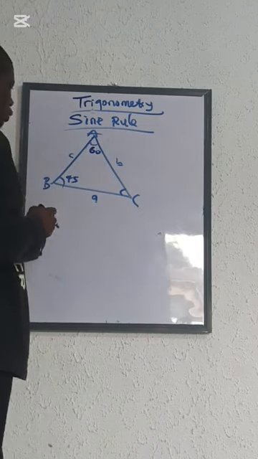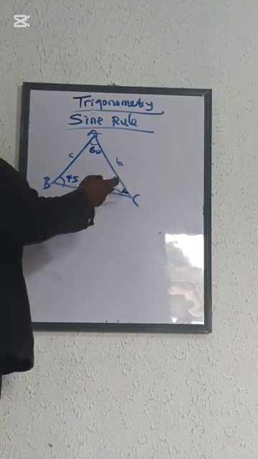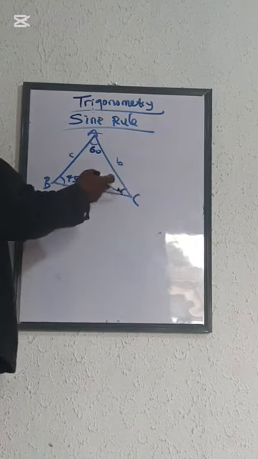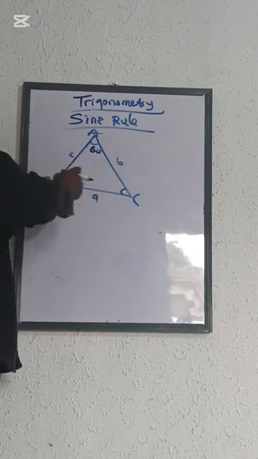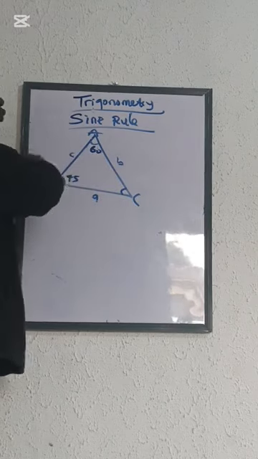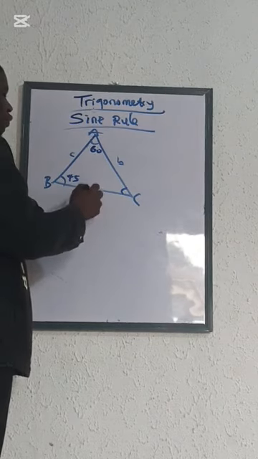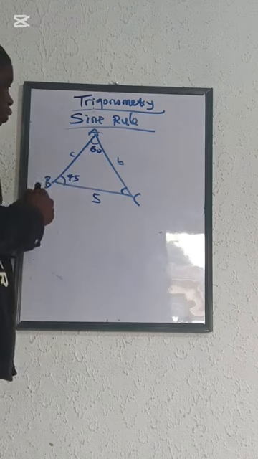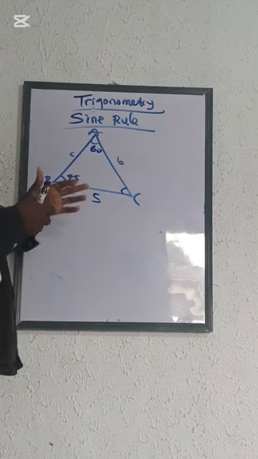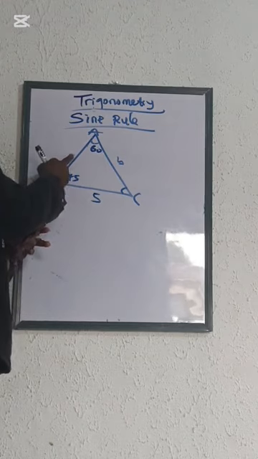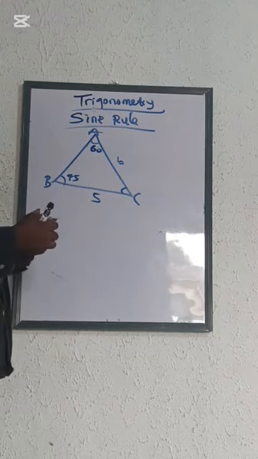Let's assume we're not given this place, but automatically we can get it since we know that the sum is 180, right? And we have 5 here. Now, they tell us find b, right?